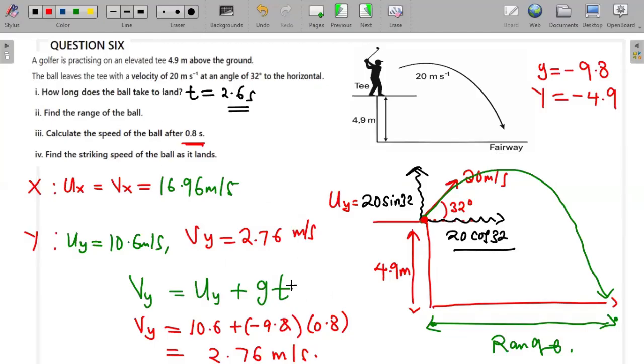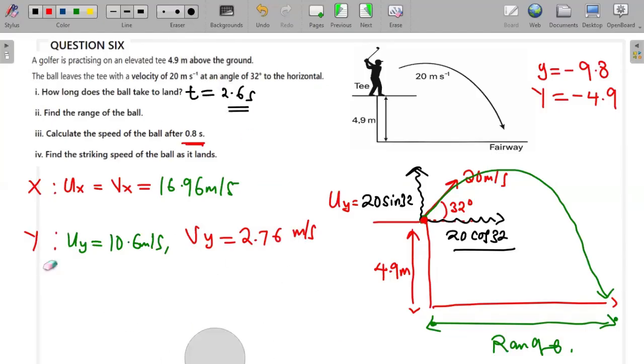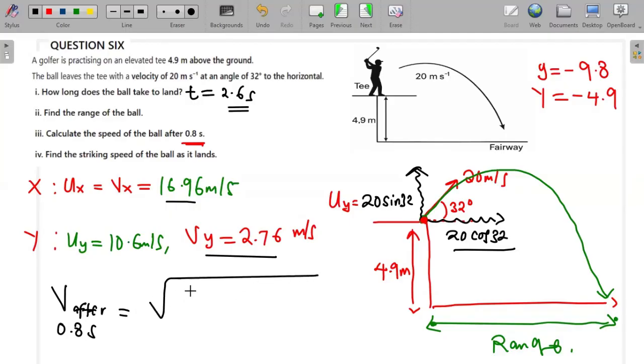Now to find the speed, I'll combine the final speed in the x, which doesn't change, and the final speed in the y after 0.8 second. So the speed after 0.8 second will be equal to the square root of the final speed in the x, which is the same 16.96 squared, plus the final speed in the y direction, 2.76 squared.